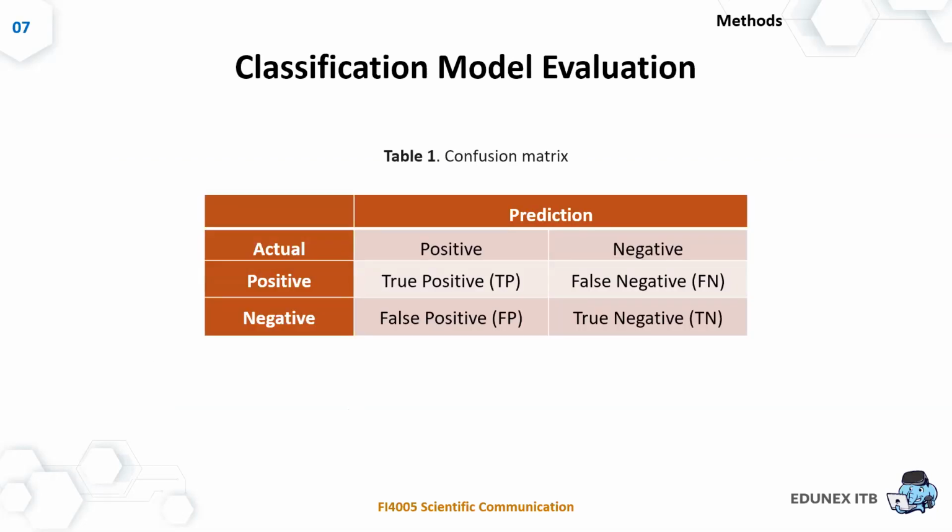In the classification evaluation process, there are 4 probabilities that occur from classifying a row of data. There is TP, or true positive, if the data is positive and the prediction is positive.